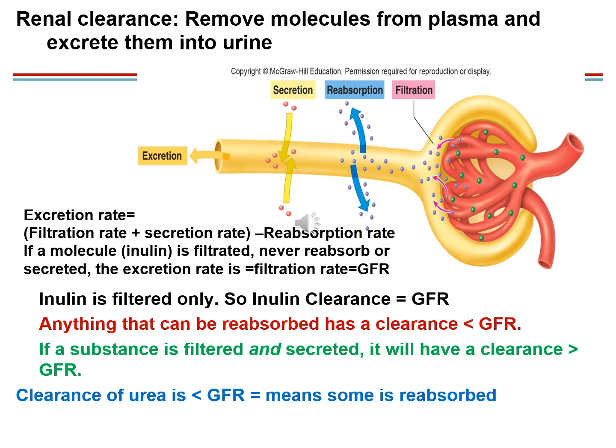How we measure that glomerular filtration rate is by using a molecule that is necessarily filtrated, and sometimes reabsorbed, sometimes secreted, or sometimes never reabsorbed or never secreted. It depends on the molecule. One common molecule used to measure the glomerular filtration rate is creatinine, but another one is inulin.